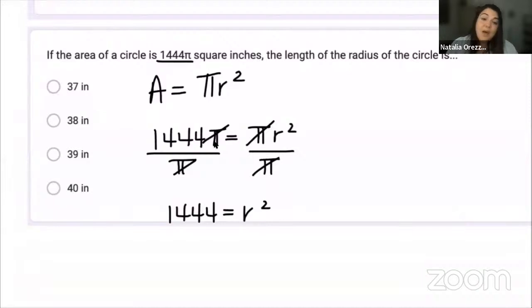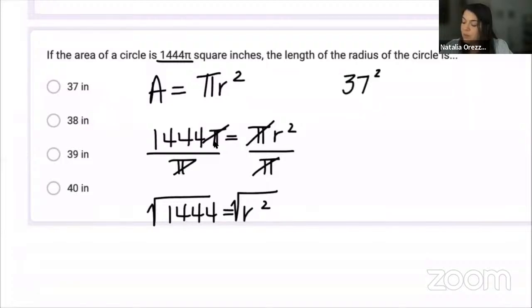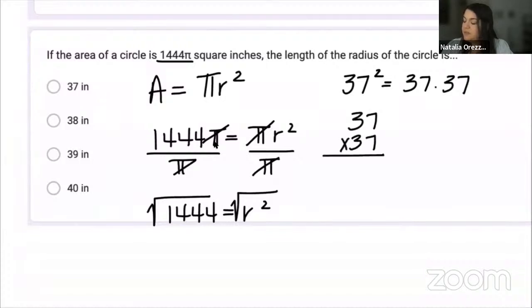Now, I can go ahead and take the square root of r squared and the square root of 1,444, but that's going to take some time. So I think the easiest thing to do here is to square all of our answer choices to see which one gives us the answer we're looking for. We can start off with 37. 37 squared is the same thing as 37 times 37. 7 times 7 gives us 49.